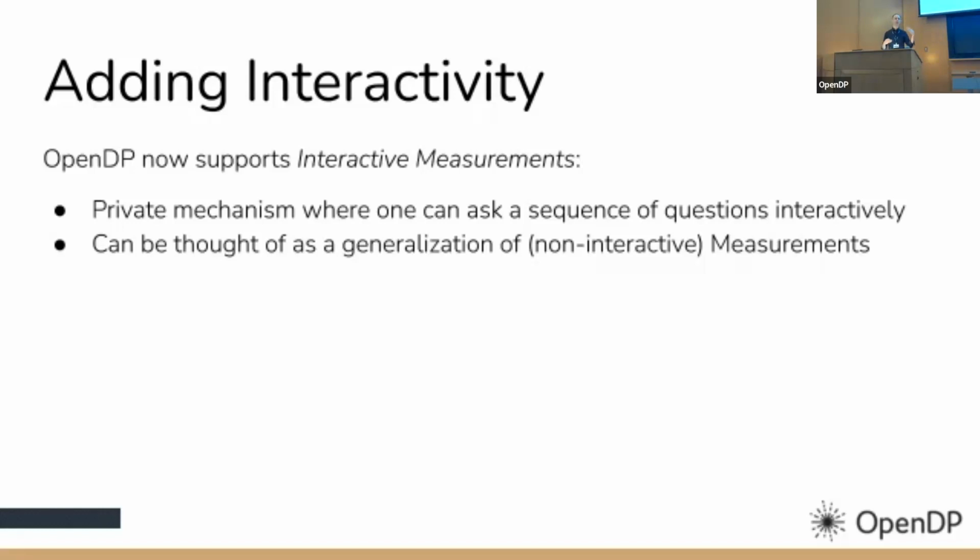Those choices can all be made interactively. It's a generalization of non-interactive measurements, which were the previous basis for OpenDP. But that's not too helpful if you don't know what non-interactive measurements are. So let's start there, and then I can show you the difference.